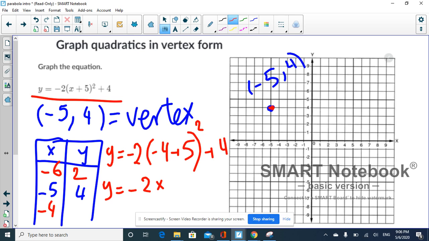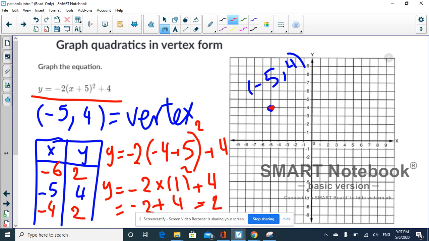-2 times (-4 plus 5), which is 1. We still have the square, plus 4. -2 times 1 is -2, and -2 plus 4 gives you 2. And if you notice here, we got the same value.